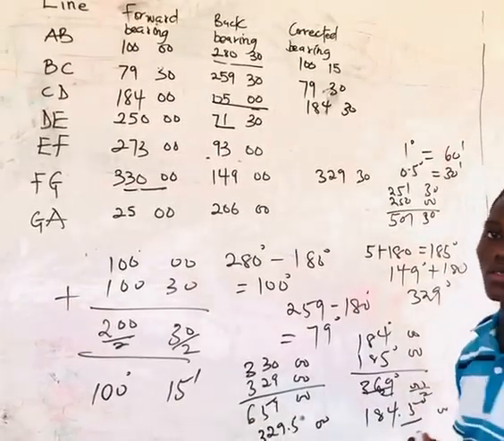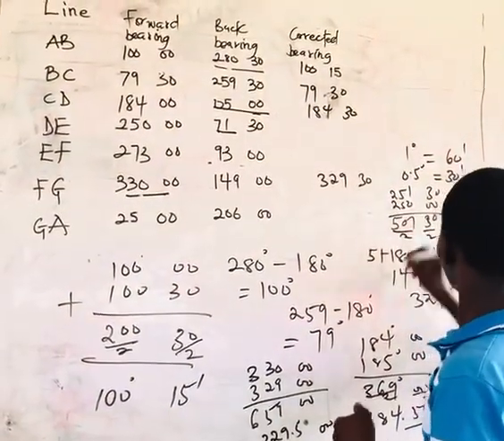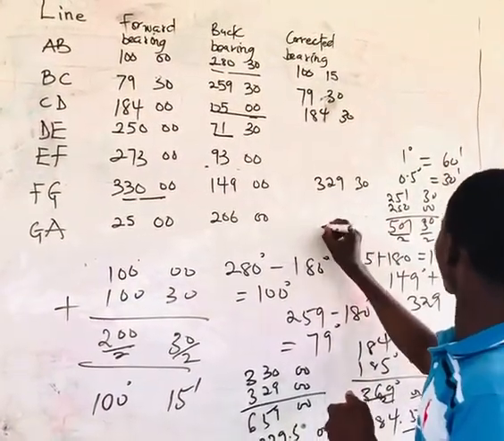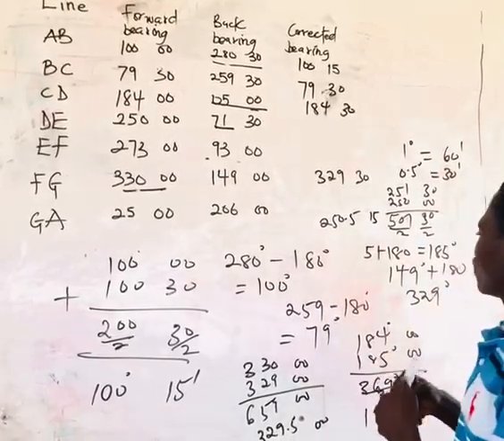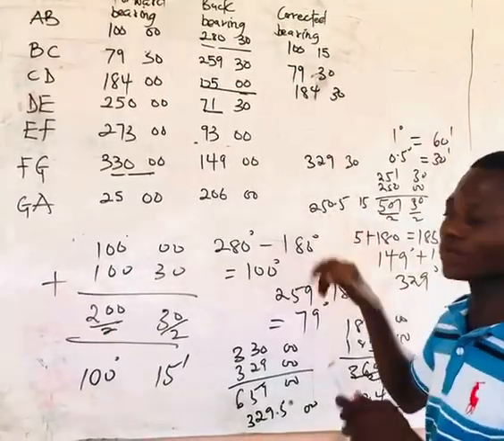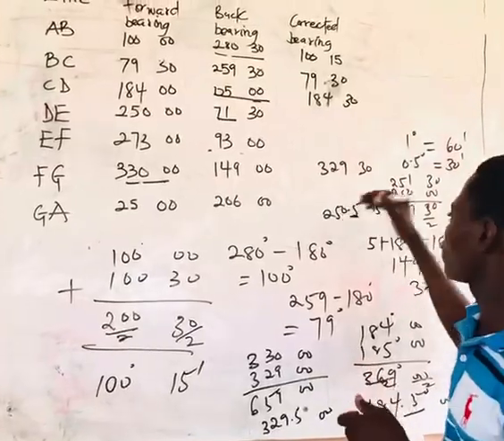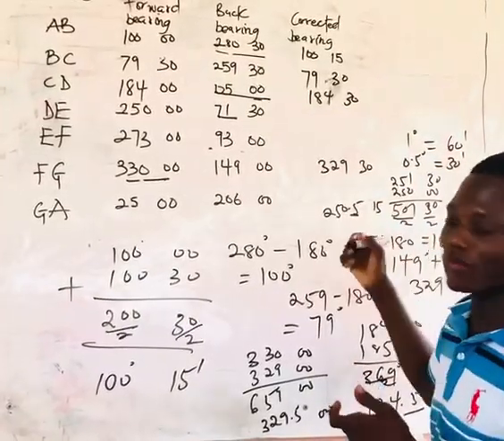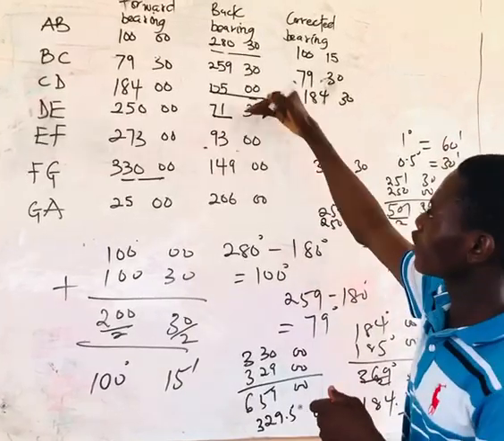Divide by 2: 501 divided by 2 is 250.5, and 30 divided by 2 is 15. You don't want 0.5, so you change it to 30 minutes, and 30 plus 15 is 45. So the corrected bearing becomes 250 degrees 45 minutes.